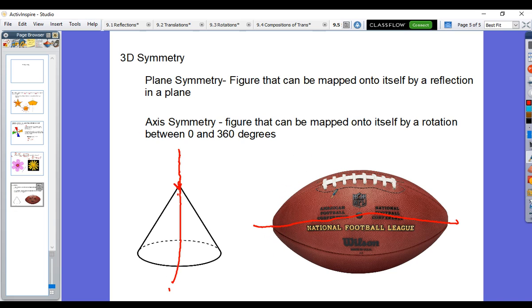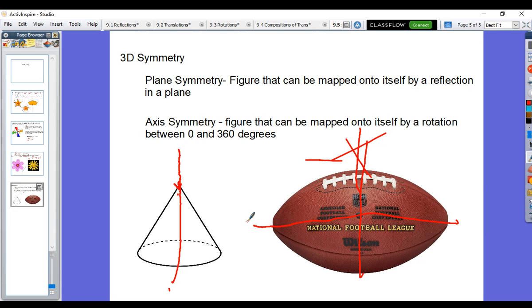But you do not have it on this axis, because if you were to spin it this way, you get this weird top-looking thing. It won't keep the same football shape if it were to copy every single point, as if you were to stop it every second as it's rotating every degree. So it does not have it on the y-axis, but it does have it on the x-axis. So that's the difference between the axis symmetry.